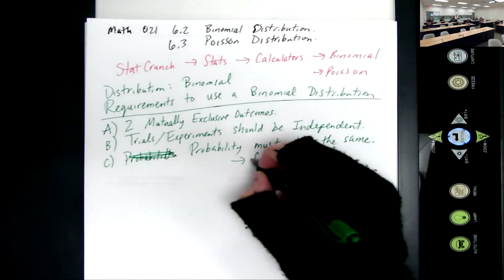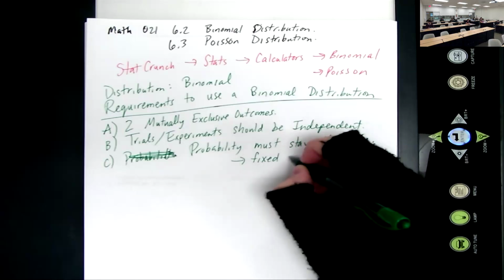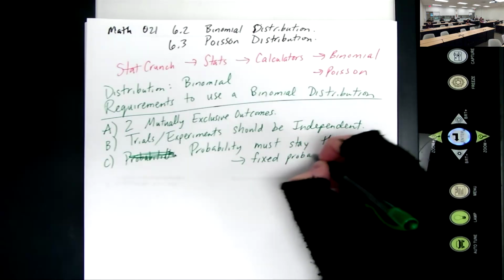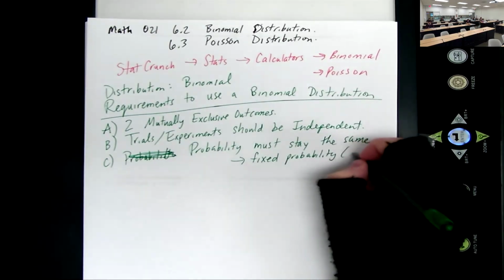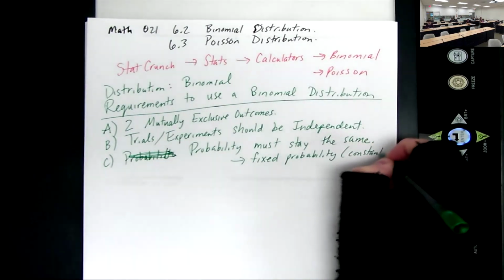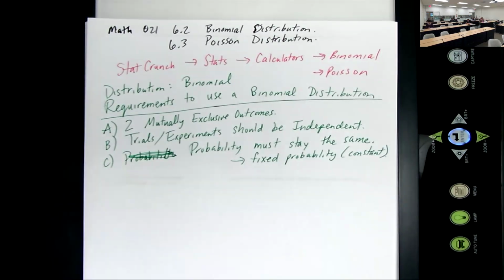Another way we say that is it's fixed probability, or constant probability. Which means I can't do one experiment and then the next experiment the odds have changed. Every single time I do it, it has to have the same probability for each outcome.